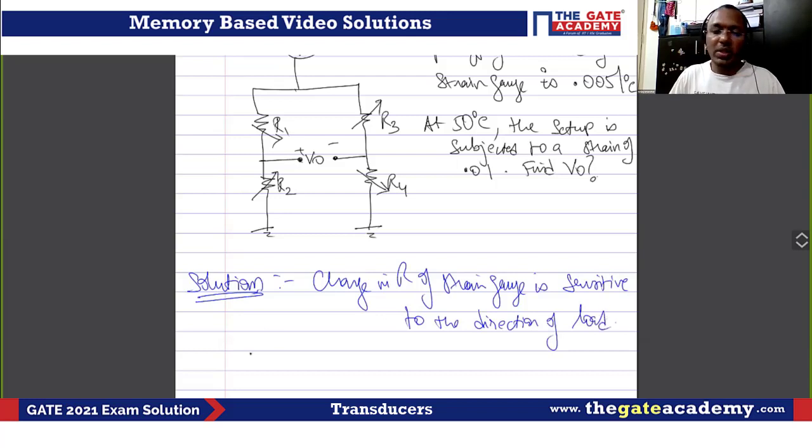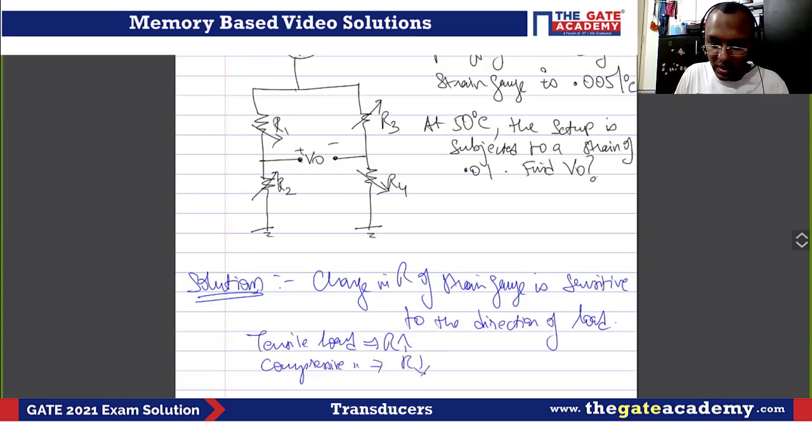What do I mean by this? Tensile load, R will increase, compressive load, R will decrease. So the way R1, R2, R3, R4 are mounted in such a way that R2 and R3 resistance is increasing with the load, R1 and R4 resistance is decreasing with the load.